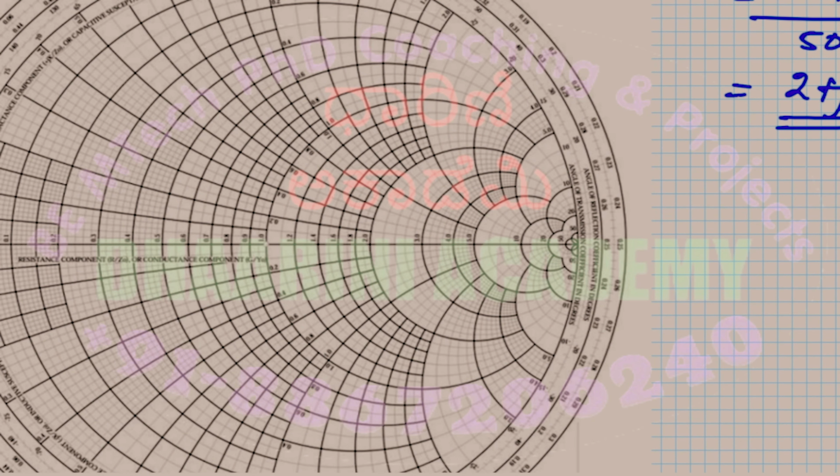So I can see 2 here, and I want to mark 0.8, right? So 0.8 is this line with the 2. I think this is the point. Okay, just verify. So this is the zL.